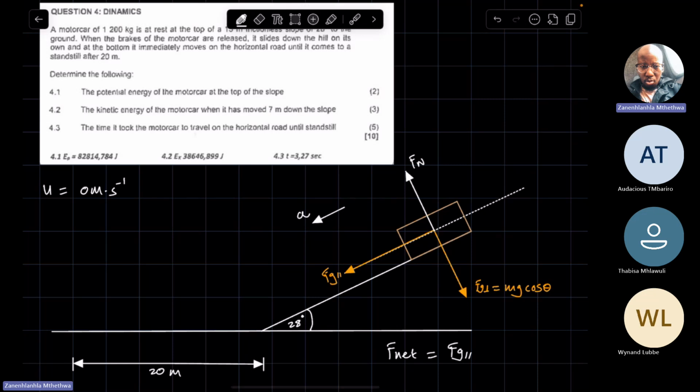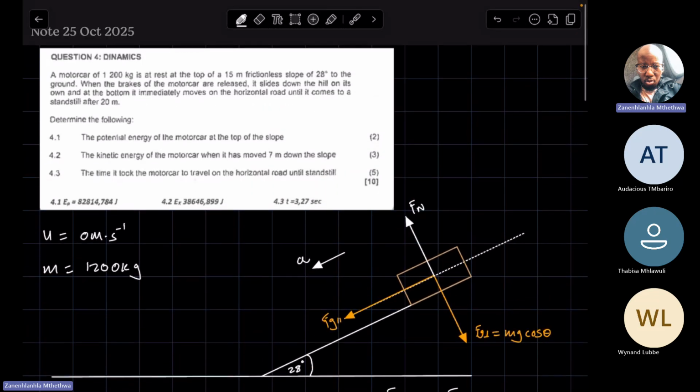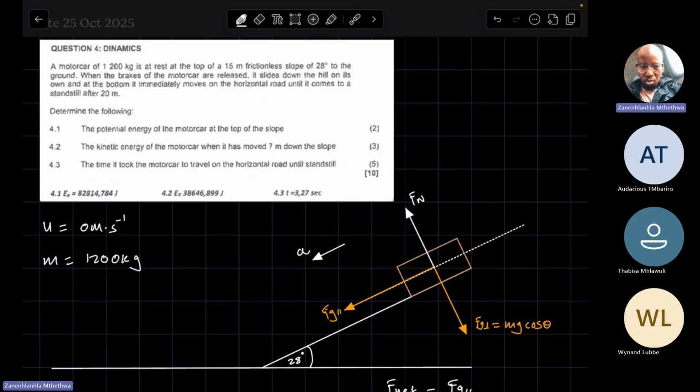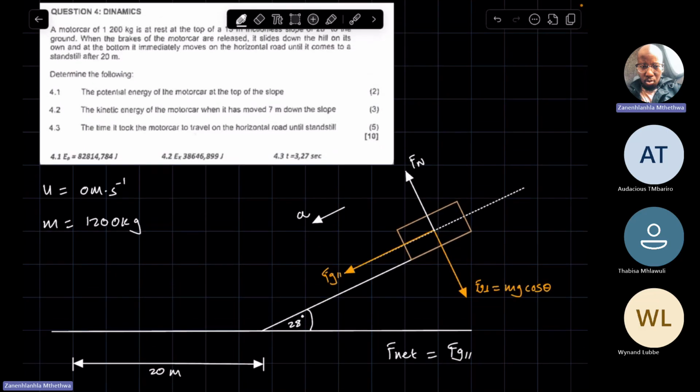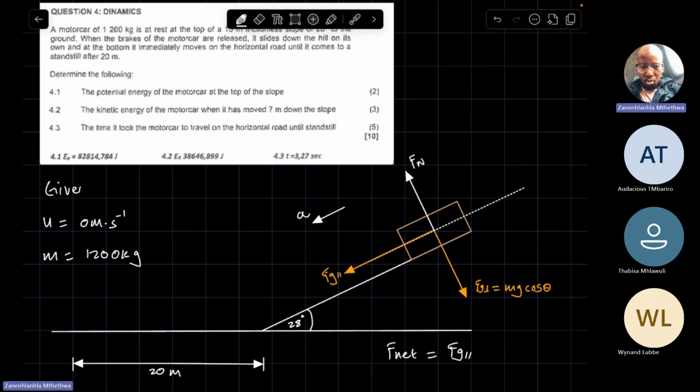Yes, sir. And then you have the mass of the motor car. It's 1,200 kgs. Yeah, that's pretty much it as far as the data we've been given. Let me write here. This is the given data.